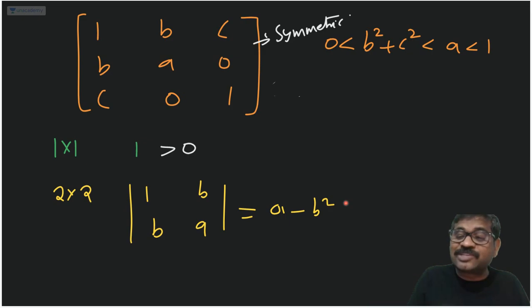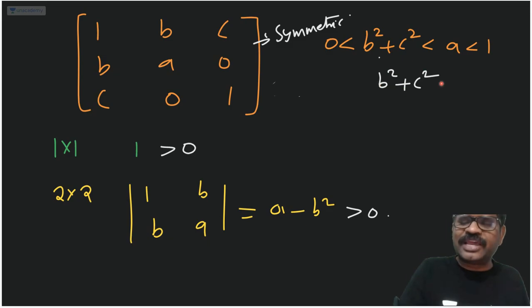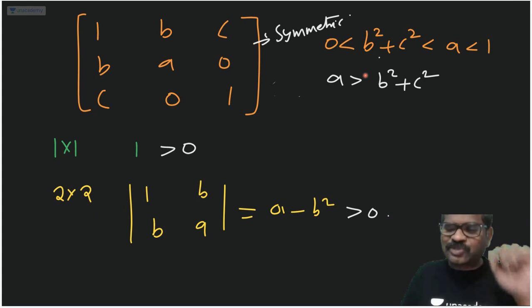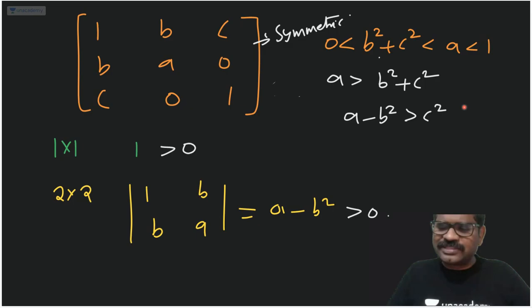Clearly A minus B square is greater than 0. How? By using this relation, B square plus C square less than A, so A is greater than B square plus C square. So A minus B square is greater than C square, and C square is greater than 0. Therefore, that is positive. Clear now?